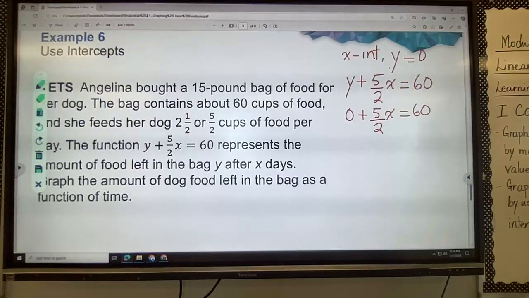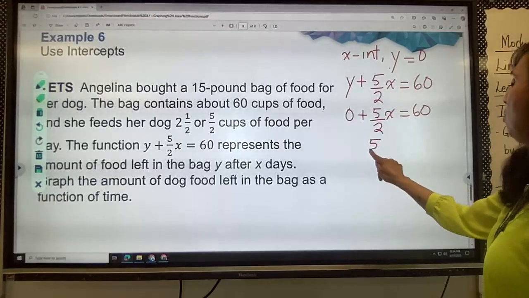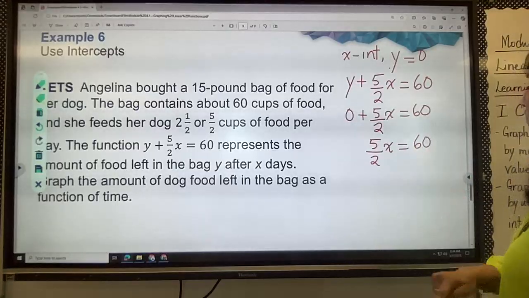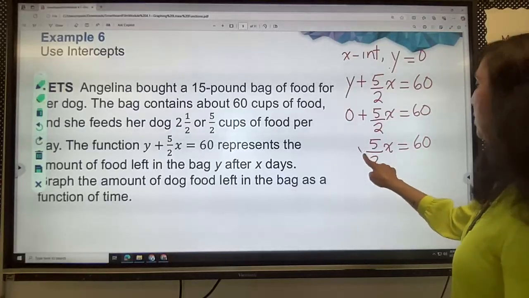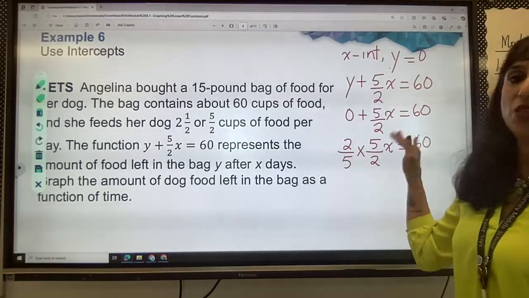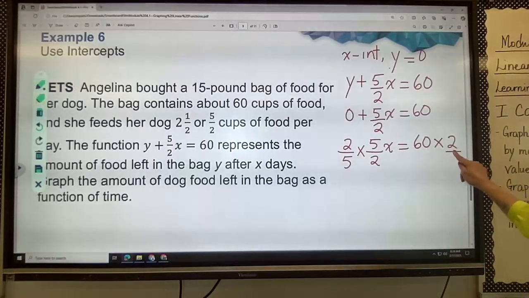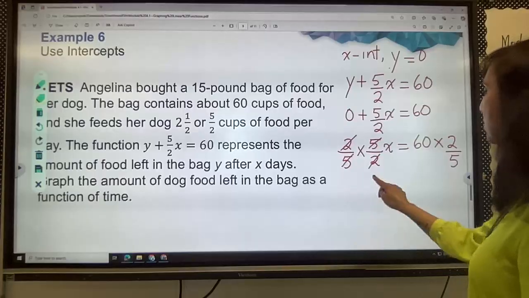And then we are going to simplify, right? And we're going to get 5/2x = 60. And so we are going to multiply by the reciprocal, 2/5. Whatever I do on one side, I do the same thing on the other side. 5 divided by 5 is 1, 2 divided by 2 is 1.